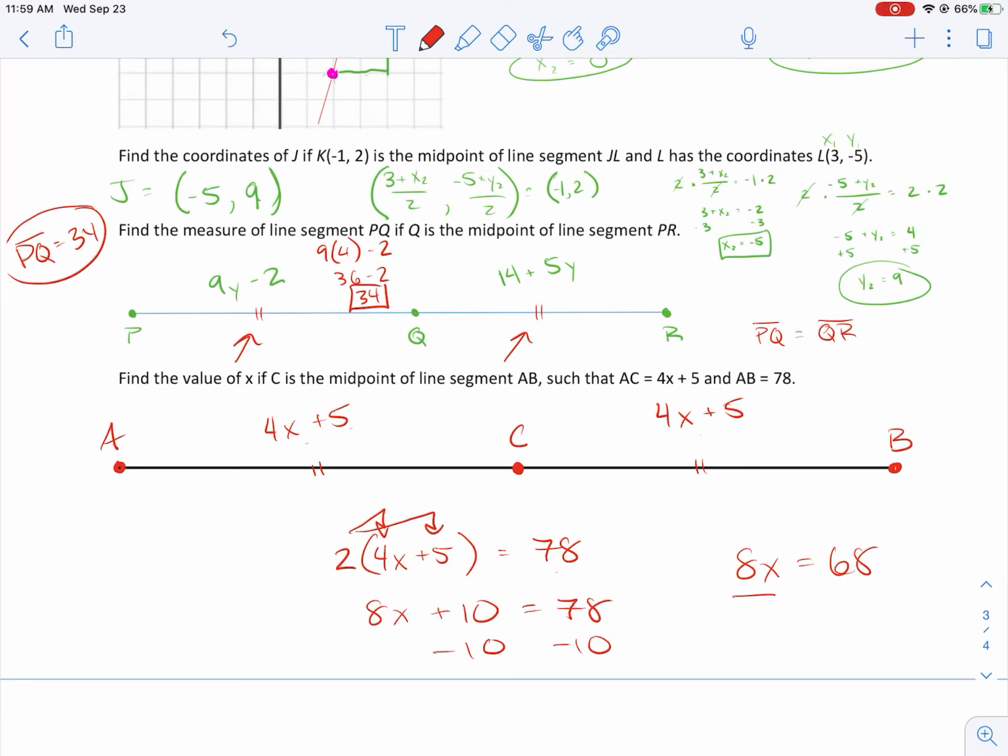I thought this would even out to be a nicer number. So we get x is equal to 68 divided by 8. I'm going to simplify that and divide each piece by 2, so this will be 34 divided by 4.